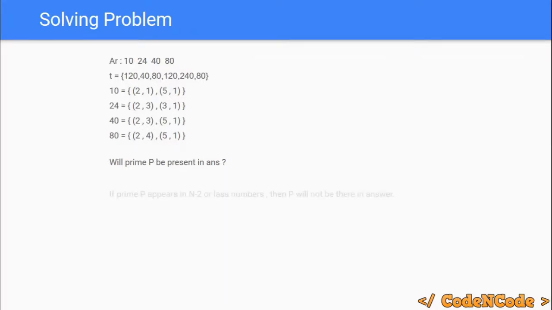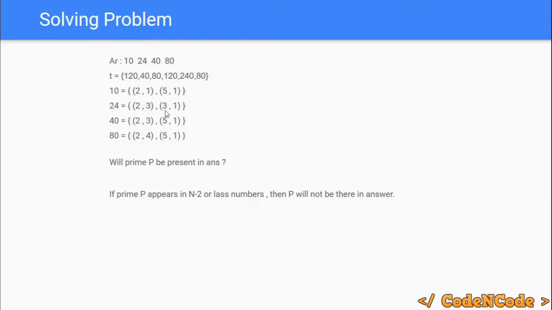Why is that so? Now see, any prime which appears n minus 2 or fewer times will not be present in the answer. Now you see 2 is appearing in all of the 4 numbers, so 2 is appearing n times in n numbers. 5 you see is appearing in 3 numbers, this and this, so 5 is appearing n minus 1 times, that is okay as well.